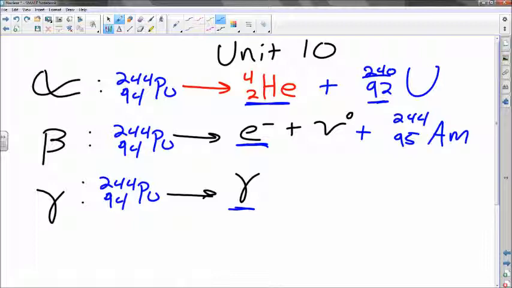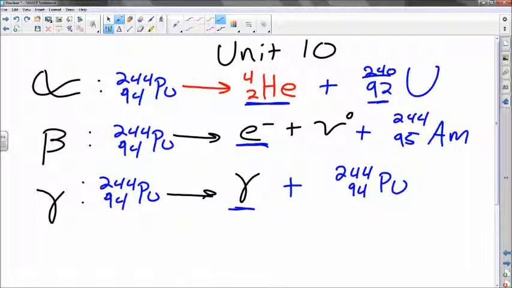Okay, now what about gamma decay? Gamma decay is kind of the easiest one because the nucleus doesn't actually change. The parent nucleus and the daughter nucleus have the exact same configuration. So it's still plutonium-244. But we can't have the exact same thing on each side. Where did this gamma ray come from?